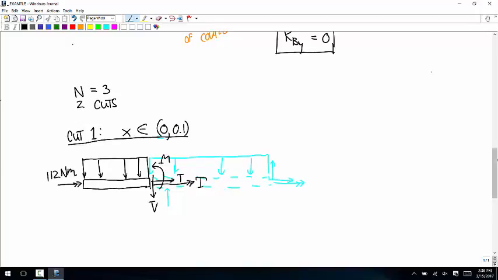And now for the distributed load, well, the total weight is 300. The total length is 0.2 meters. And so that distributed load function Q is just 300 newtons divided by 0.2 meters, which is 1,500 newtons per meter.